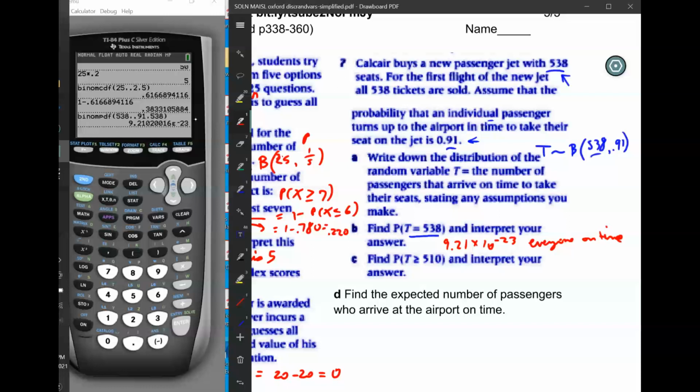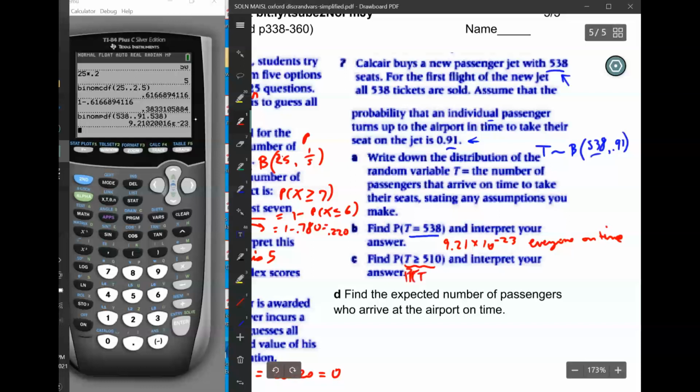So what they do is they book more seats than they have, and if they go over, which is not going to happen often, they'll pay those people to take a later flight, and it's a lot less money than they lose flying with a bunch of empty seats. Okay? Find the probability that t is greater than or equal to 510 and interpret your answer.